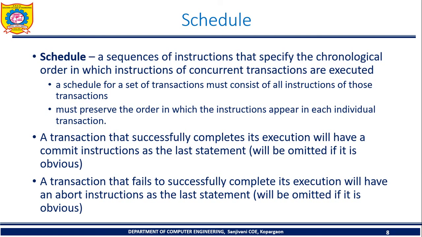A schedule for a set of transactions must consist of all instructions of those transactions, and must preserve the order in which the instructions appear in each individual transaction. A transaction that successfully completes its execution will have a commit instruction as the last statement, which will be omitted if it is obvious.